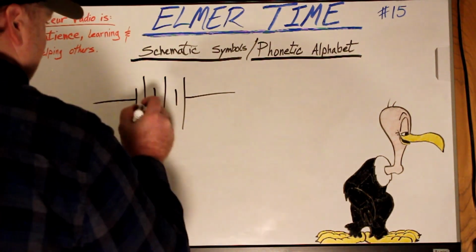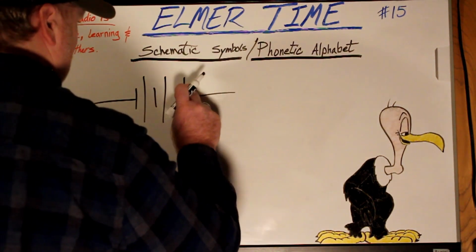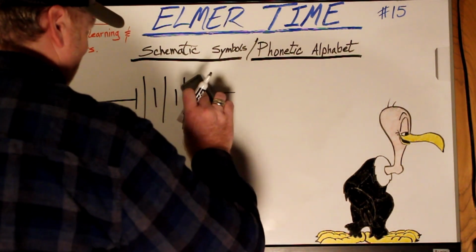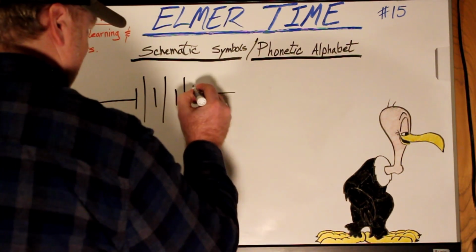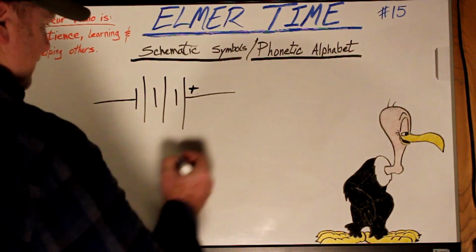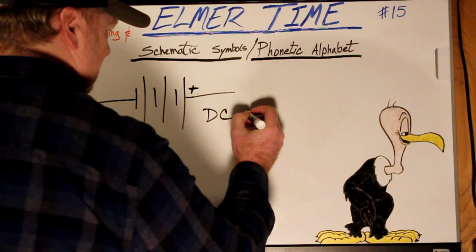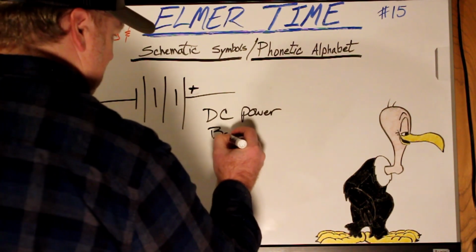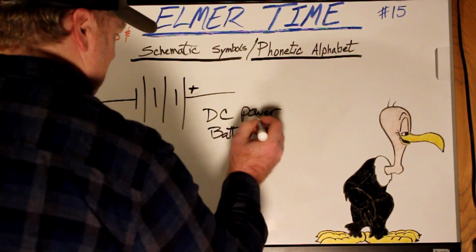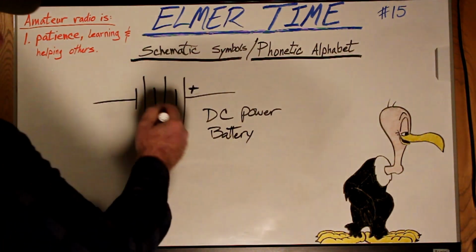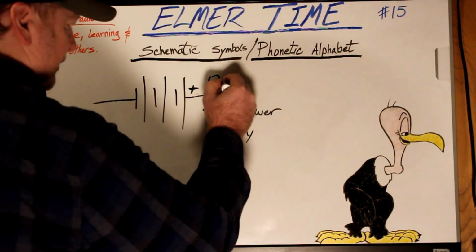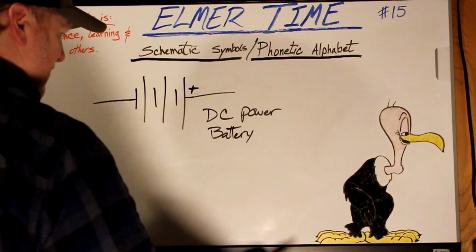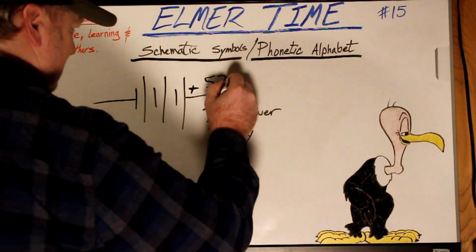If you see this, not the swirl. If you see this, this would be considered a DC power supply of some kind, probably a battery. You might even see a number next to it, like 12 volt or 10 volt, 9 volt, 8 volt, 5.7, whatever.